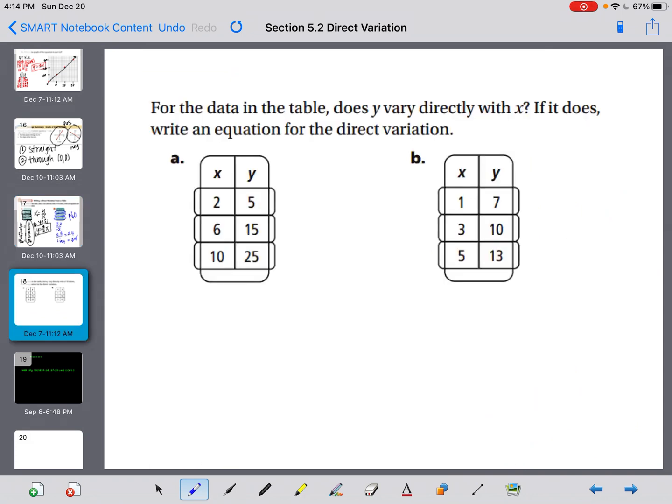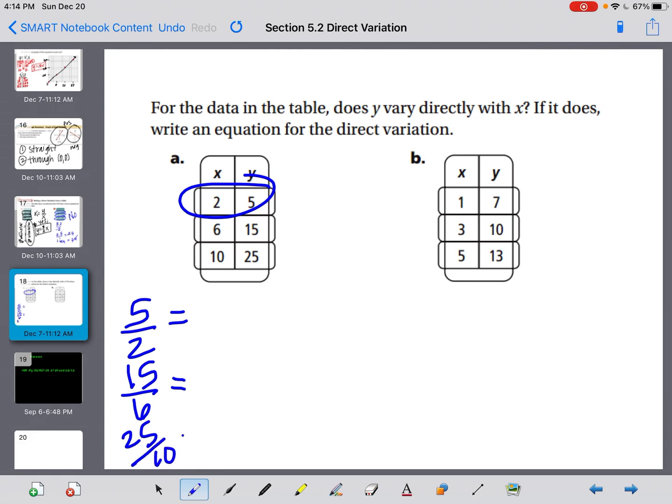All right, we're going to try these last two, and then that'll be it for today. Okay, first one, 5 over 2. Then we have 15 over 6 and 25 over 10.